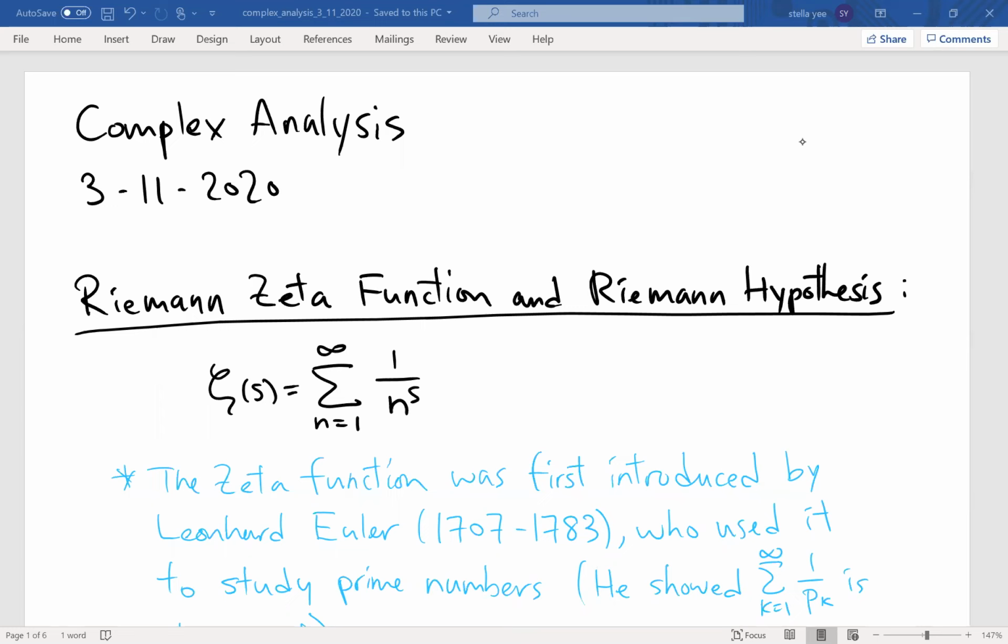Let's get started. So in today's lecture, what I want to do is introduce the Riemann zeta function, and its famous Riemann Hypothesis problem. There's a $1 million prize on that problem. I think today's lecture is going to be mostly an overview of the connection between what we've been doing and how it relates to this problem.